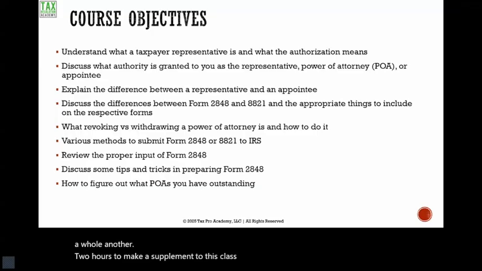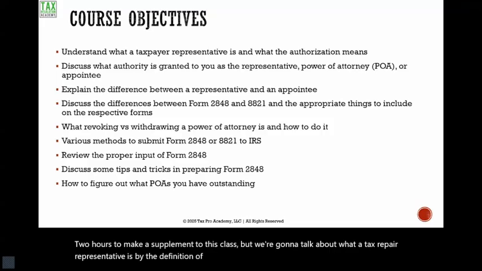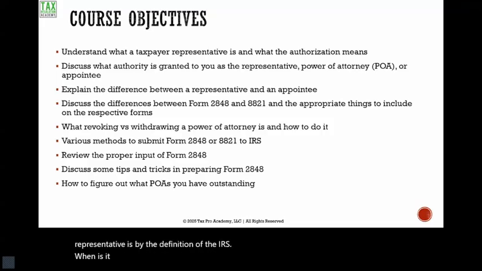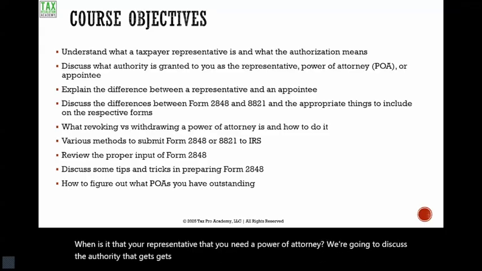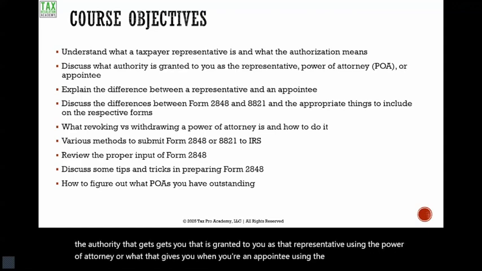But we're going to talk about what a taxpayer representative is by the definition of the IRS. When is it that you're a representative that you need a power of attorney? We're going to discuss the authority that is granted to you as that representative using the power of attorney, or what that gives you when you're an appointee using the taxpayer information authorization.